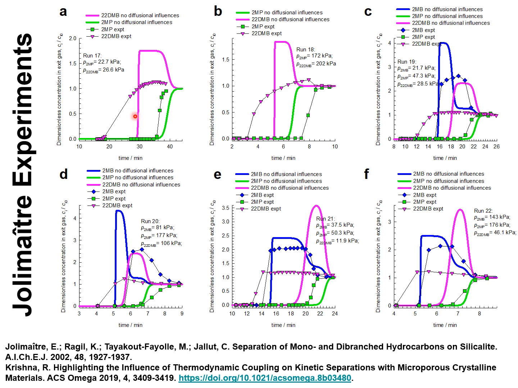Indeed, diffusional influences are helpful in the separations because there is a wider gap between the breakthrough times from experiments than those anticipated by a model that ignores diffusional influences.